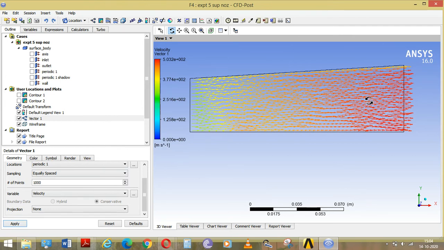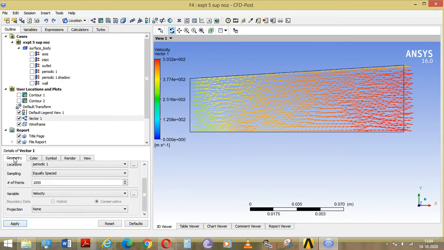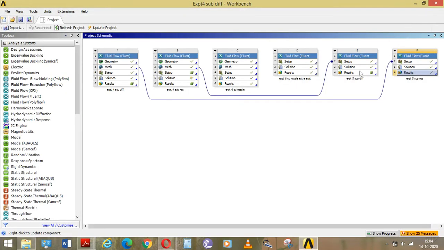So same thing, if you want to see the other side also, create another vector, vector 2, and in view, you just mirror it. Okay. So this is how the flow is happening. The flow is good to see in the diffuser because there is a shock wave. You can see a change in the direction over the shock wave.